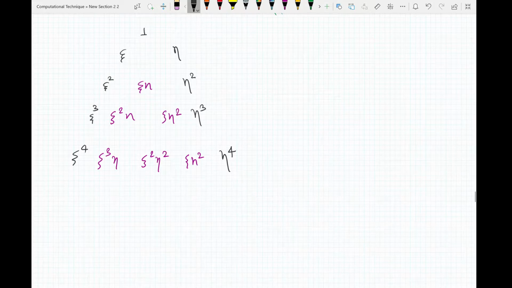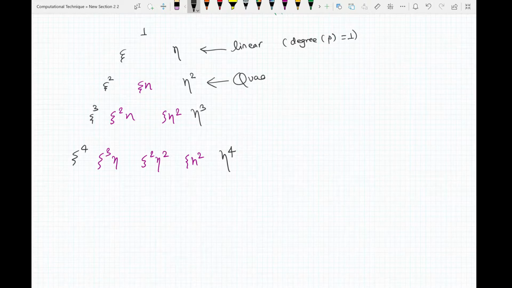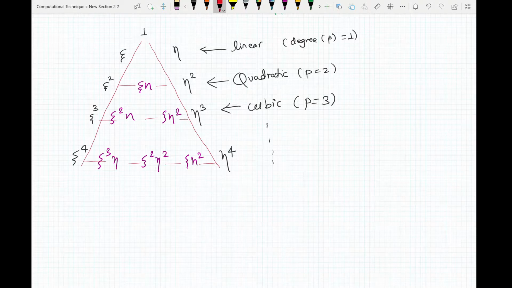Now here you can see that this portion here is linear as it has degree, let's see, p as 1. This one is quadratic. It has a degree of 2. This is cubic. This has a degree of 3, and so on.